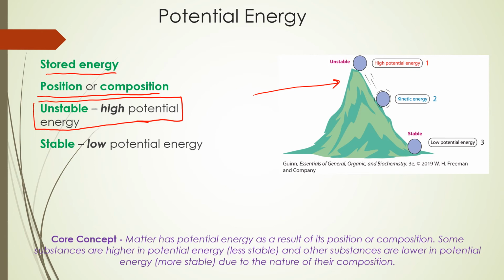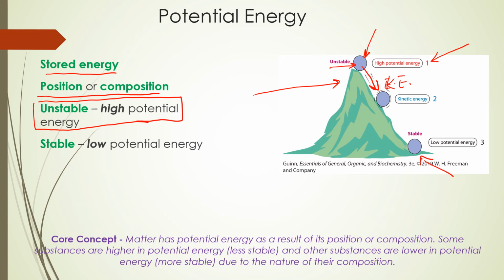So therefore, if we let this ball free fall, it will go from the position of high potential energy, which is on top of the mountain, all the way to the bottom, where it has low potential energy. So in other words, it loses the energy. Now you may ask, how can it lose energy? What happened to that potential energy? It was stationary here, so it carried all the potential energy in itself. When it moved, in this motion, now it has kinetic energy.